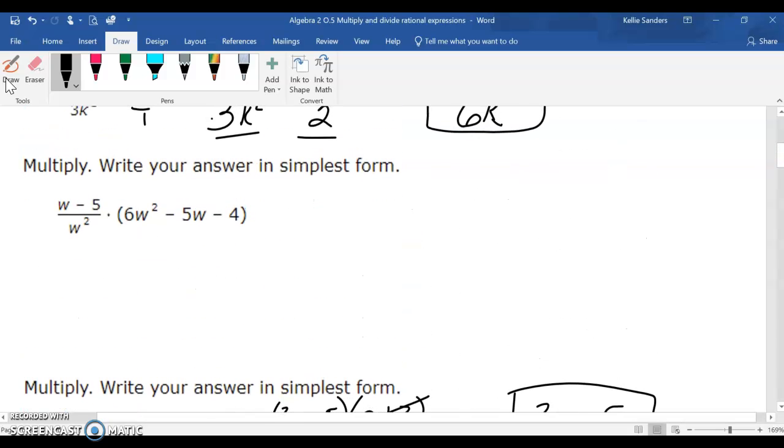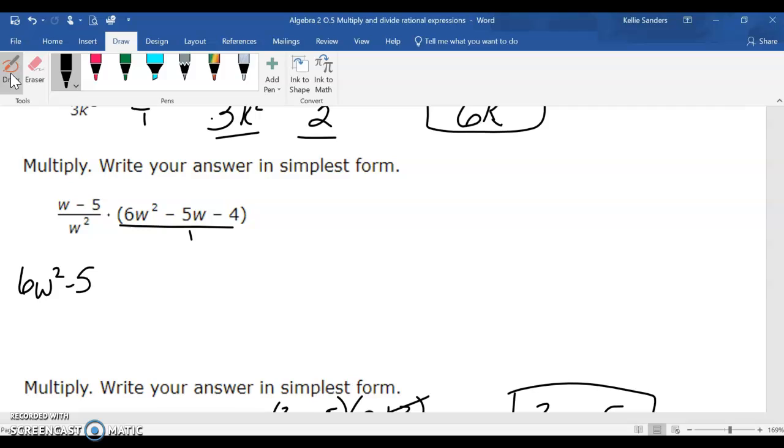Let's go back up to here. We're going to put this over 1. Now, I'm just on a scrap sheet of paper, because I am going to just factor this first.